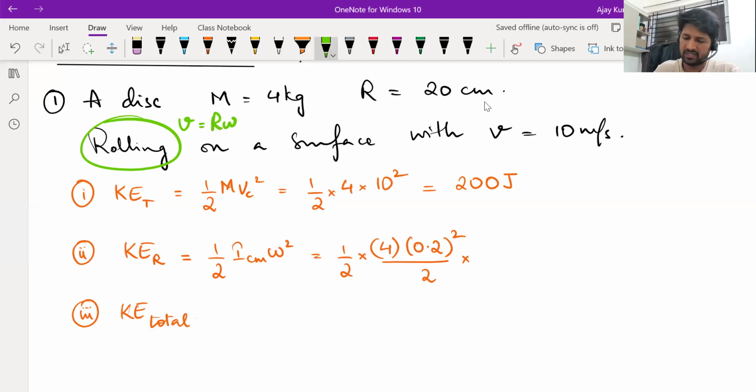So omega becomes V by R. And you have to square that because you need omega square. V is 10, R is 0.2. Square it, you get 10 square divided by 0.2 squared. So this is half ICM omega square. 0.2 square will get cancelled. 4 and 2 will get cancelled. 10 square is 100 joules. That's all. Total kinetic energy then becomes 300 joules.